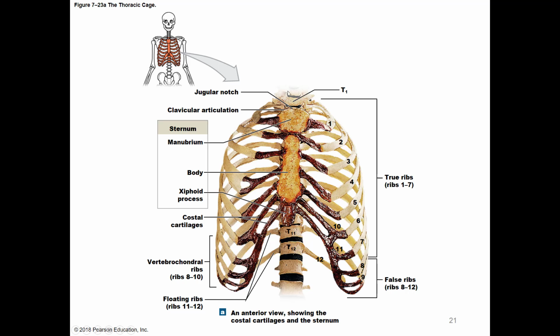Some of them are obscured by the sternum. We see the sternum or breastbone right up front. And then coming off of it, of course, are the ribs. Now these darkened areas here, this represents costal cartilage. And this cartilage helps to give a little flexibility to the rib cage, especially as we are inhaling and exhaling.